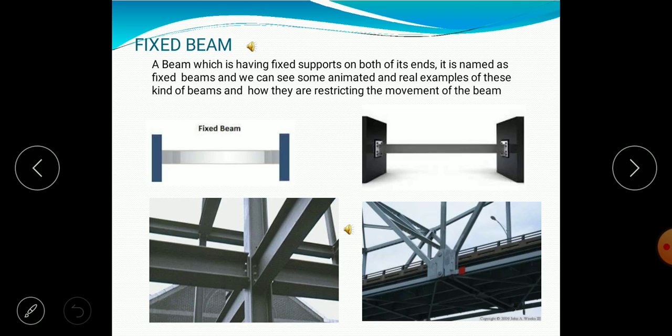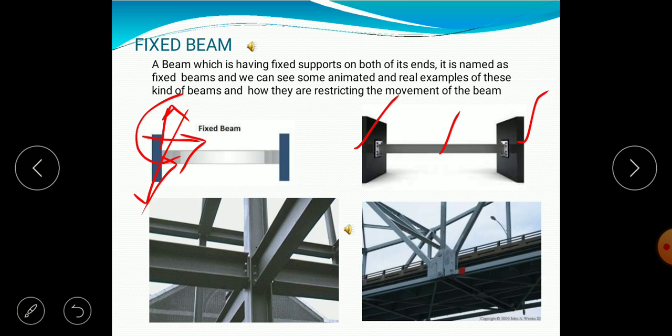Already we discussed the fixed support. If this fixed support is provided on either end of a particular horizontal member, then that beam is known as a fixed beam. In fixed support, we already discussed that each support has three reactions: one vertical, one horizontal, and one rotation. And this fixed support also has one vertical, one horizontal, one rotation.